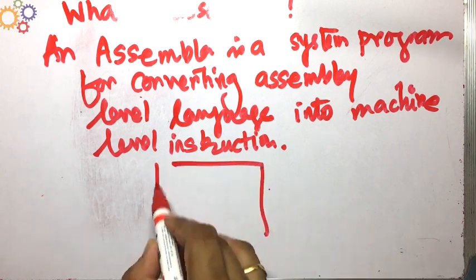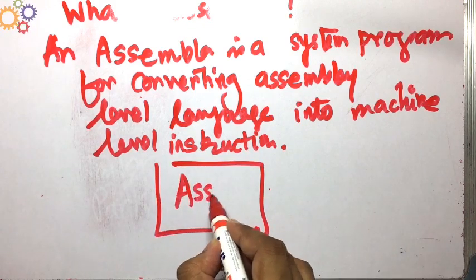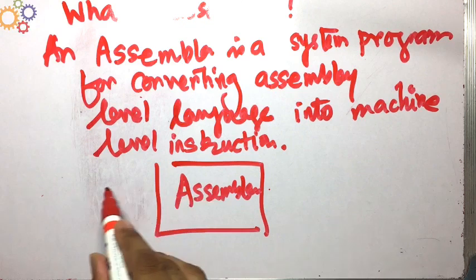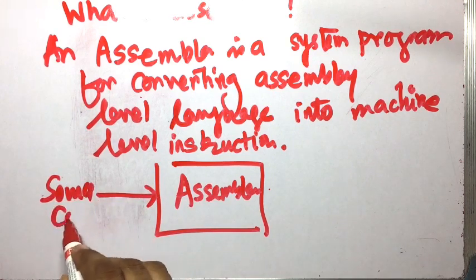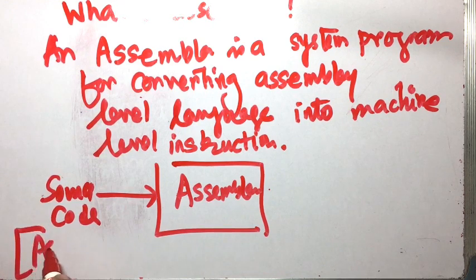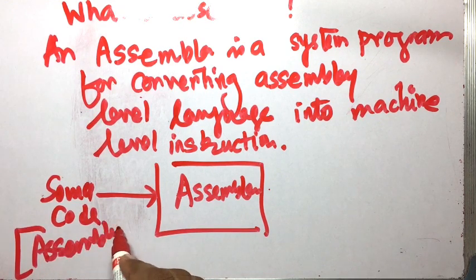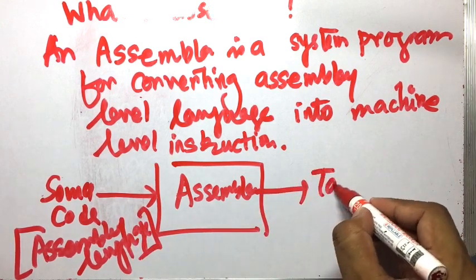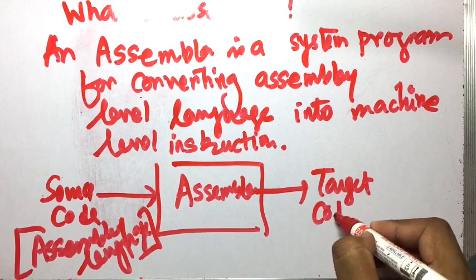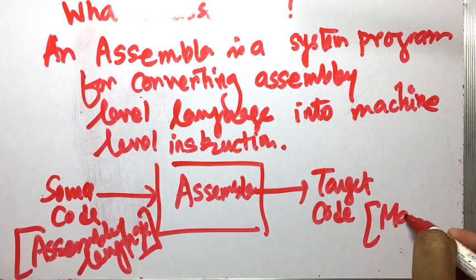So assembler is a system software or system program that is used to take source code written in assembly language, then convert it into target code, that is machine language.